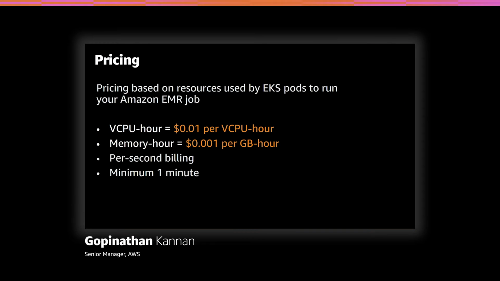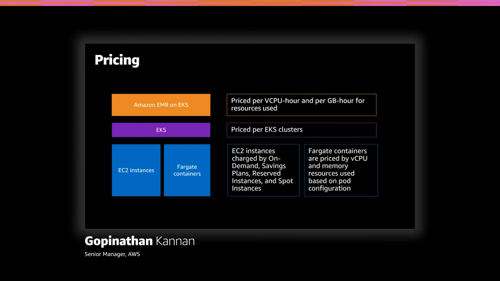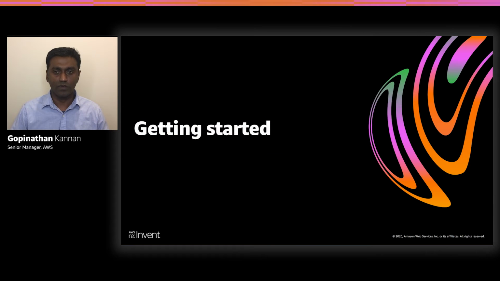We have priced it at a cent per vCPU hour and a tenth of a cent per GB hour. The pricing is per second with a 1-minute minimum. The total cost of ownership also includes the EKS cost that is priced per cluster. And you also pay for resources such as EC2 instances and Fargate pods that provide compute capacity for the Kubernetes worker nodes. To get started, let me introduce the core constructs in the feature.